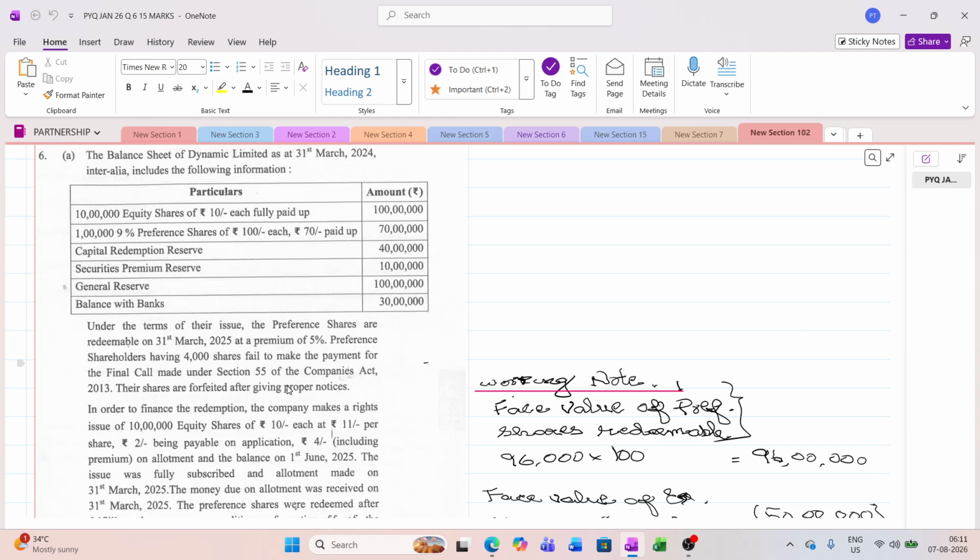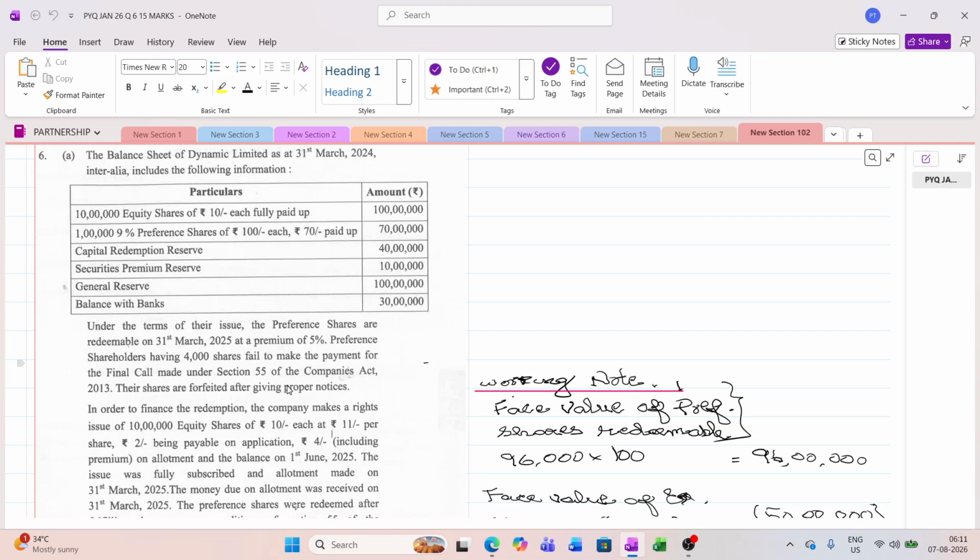First, you should know that when you redeem a preference share, it is only the face value of the preference share that is redeemed, and it can be redeemed by using the capital redemption reserve, or both the capital redemption reserve and by issuing some rights issue of equity shares. The question will explain that to you.